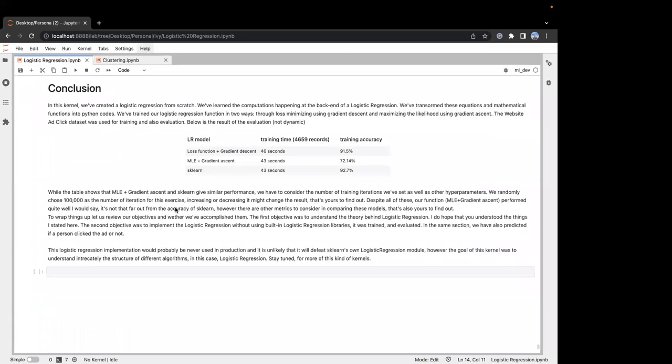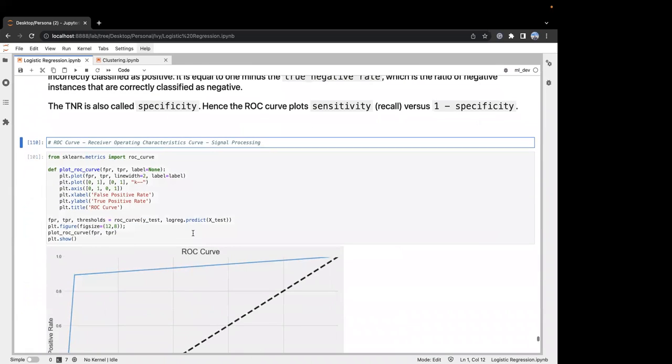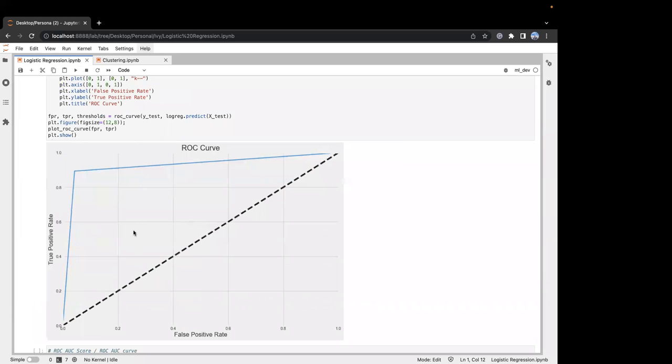Okay, everyone. So we would always want a larger area under the curve.